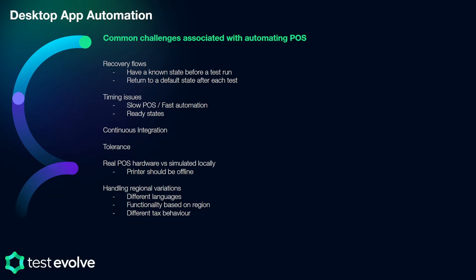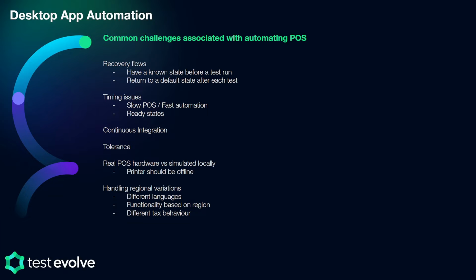It's literally just a display change of the text that's displayed. But that's one way around that. And if that's not possible, then it's completely fine. You can collect images for the variations, and we have helper functions in Test Evolve to just specify a language variant of the image that you collect.